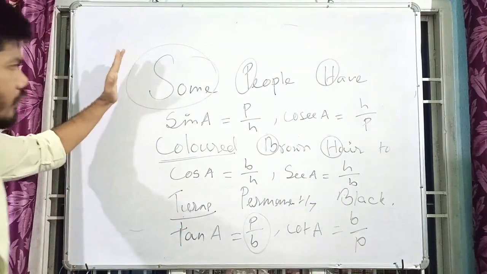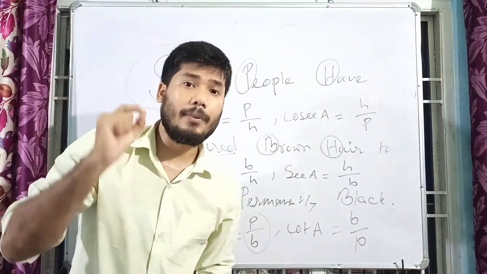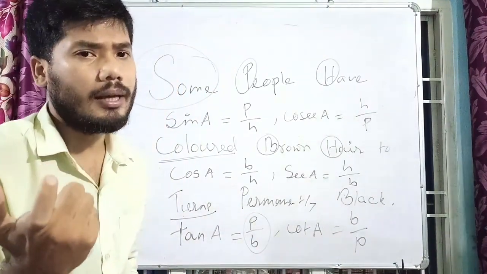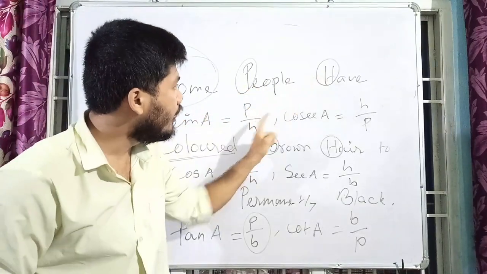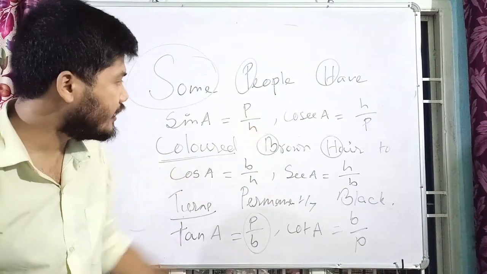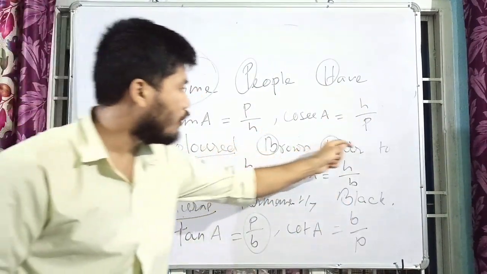Okay? So once again, the sentence: some people have colored brown hair to turns permanently black. Some, sine, people P, have H, that is sine A is equal to P by H. Its opposite is cosec A, H by P. Colored brown hair.